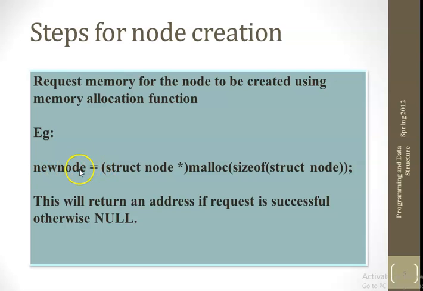I have used new node here because we are creating a new node. This will return a null value if memory is not available. If memory is available, an address will be returned to this new node. So the content of this node pointer will be an address due to this typecasting technique.